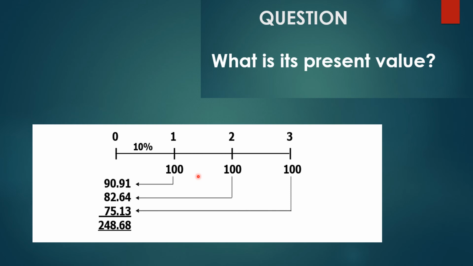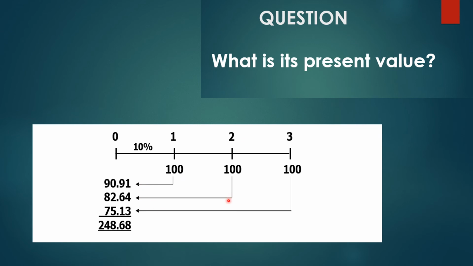Okay, so in this case, for example, at year 1, the annuity payment here is 100 divided by 1 plus i, raised to N. So we have 1.1 raised to 1. So that's basically 1.1. So you have 100 divided by 1.1. So we get 90.91.